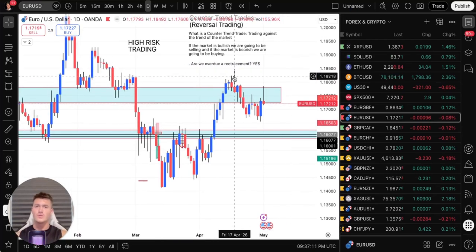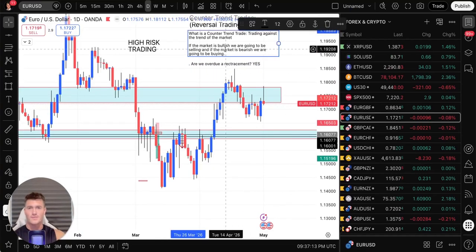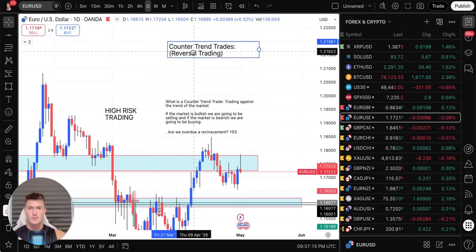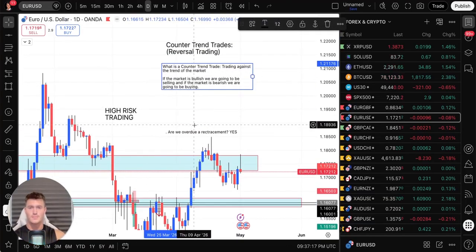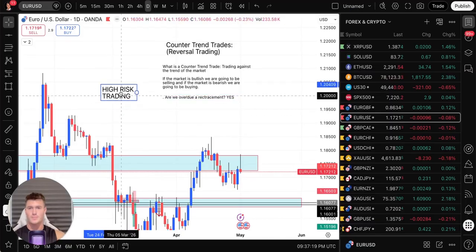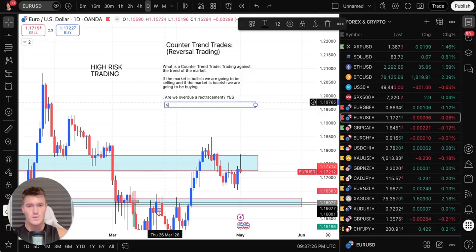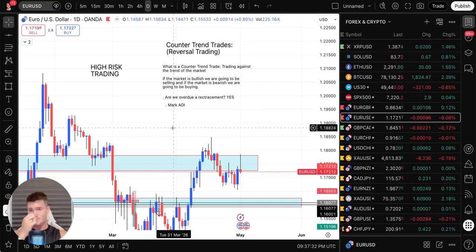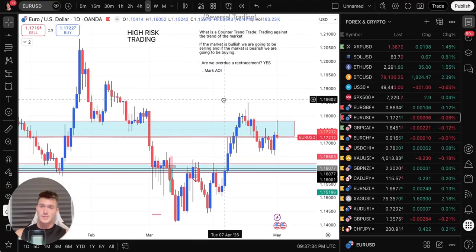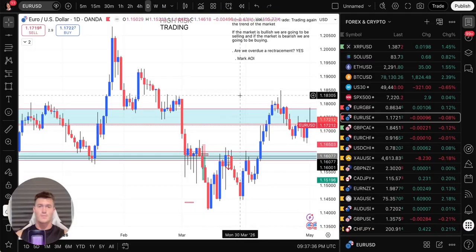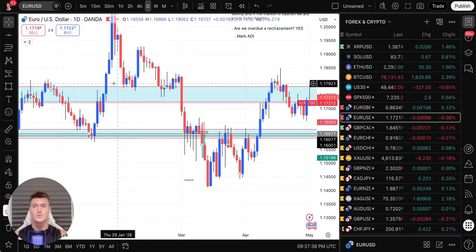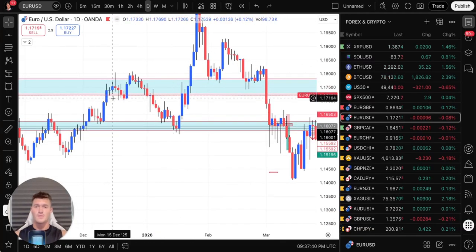So first thing we want to do is mark our area of interest. So as you can see here, we have 1, 2, 3, 4.